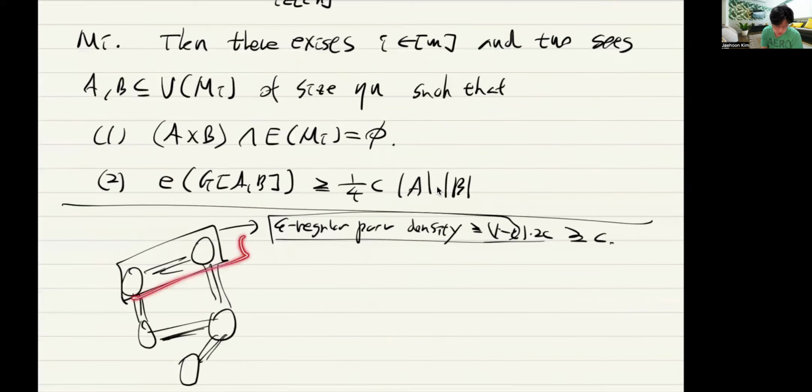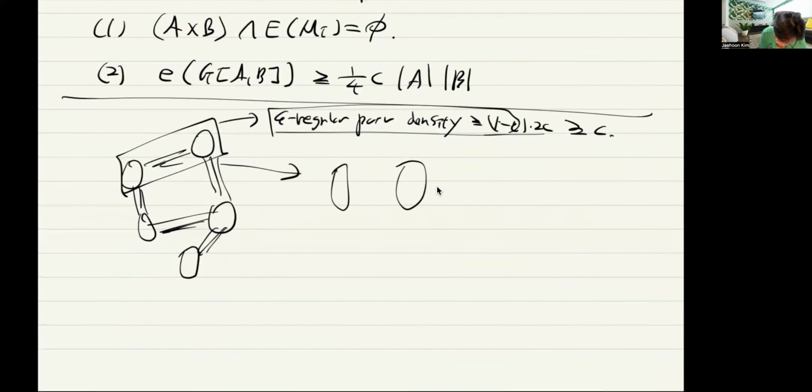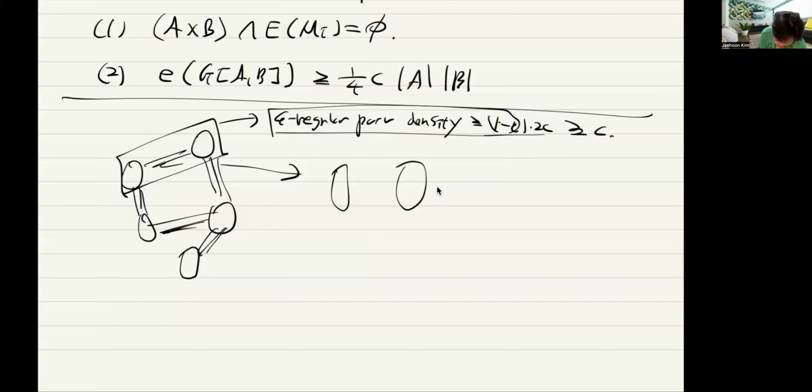Then this size is much bigger than eta. And now what? Here its density is at least c. So using the pigeonhole principle, there must be some matching M i which has many edges here. Then what? You get many edges in the sense that it has at least, like this is V i, V j, you have this condition. So at least c over c prime.